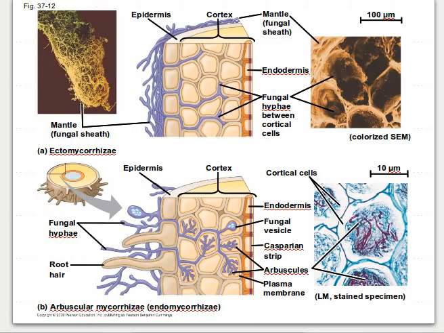And here's some close-up images of the mycorrhizae. There's endomycorrhizae and ectomycorrhizae. So ectomycorrhizae form a dense sheath surrounding the root, and they don't penetrate the root cells, but they grow between them and around them.